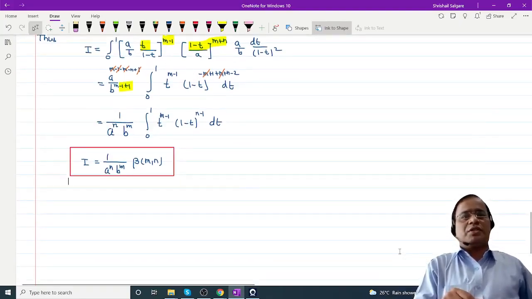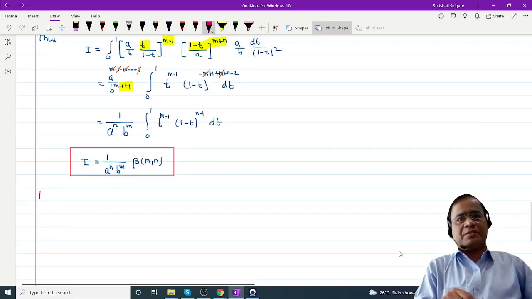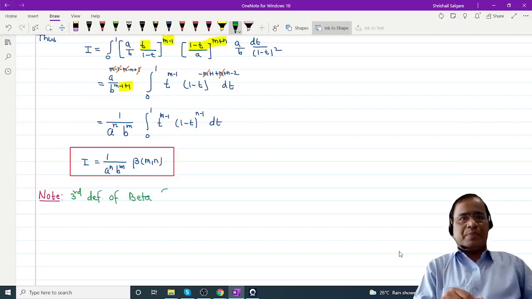Now note that we consider this as the third definition of beta function.